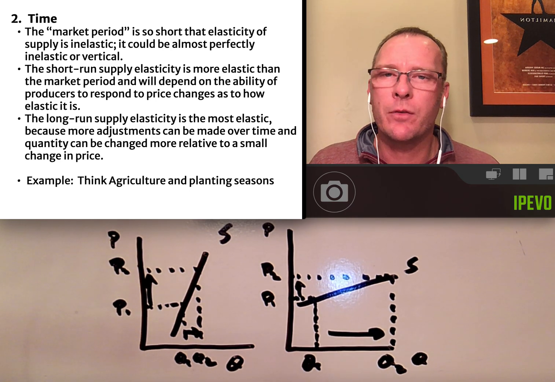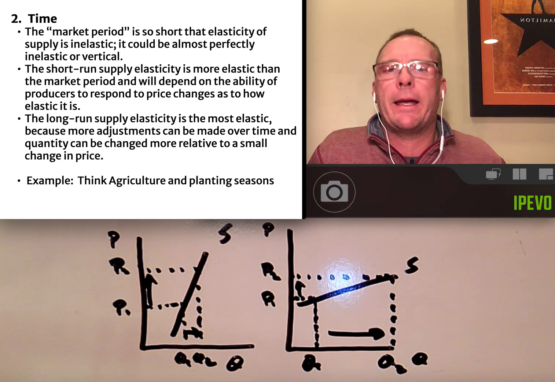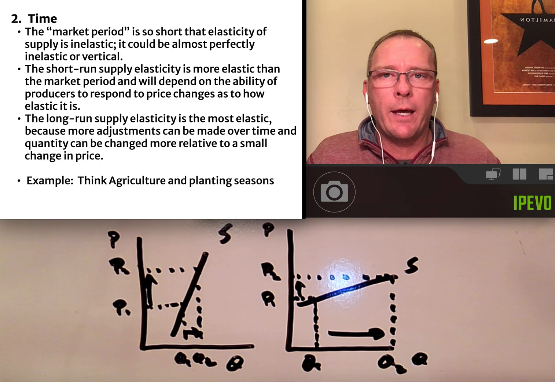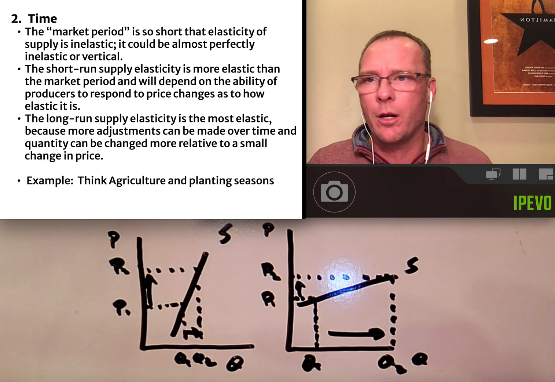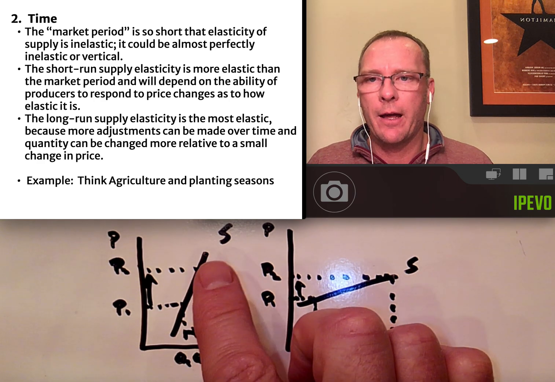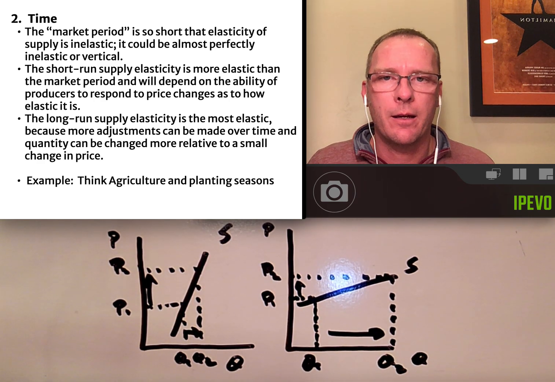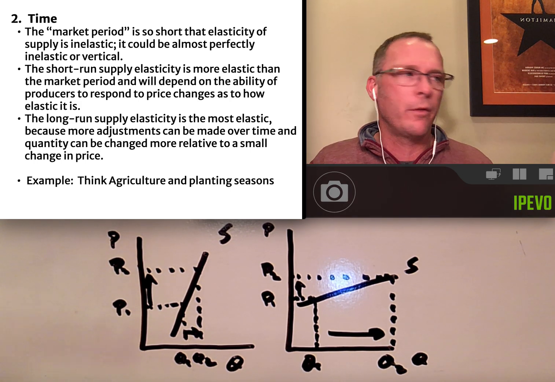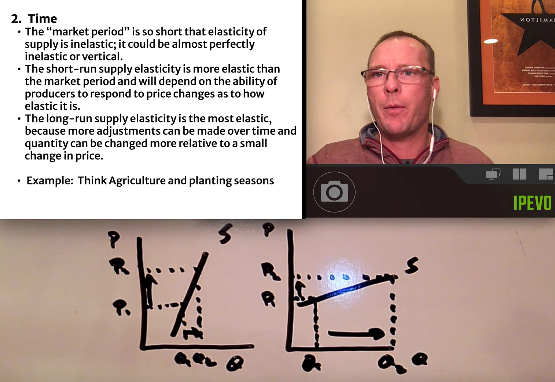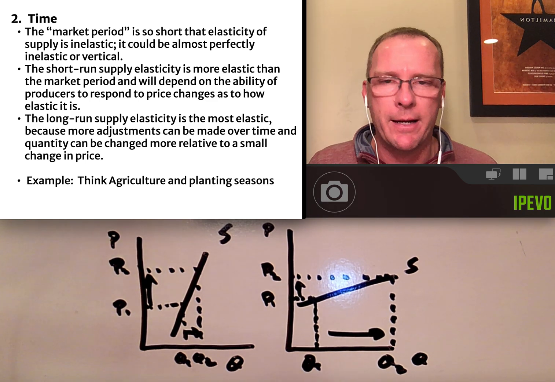Sometimes if you can't do it, right? If you can't get the time, like it takes too long to make your good, something like that, you're looking at an inelastic supply curve, right? If you're stuck with one of the variables, you can't change it. Think about on the bottom there, it says agriculture and planting seasons.